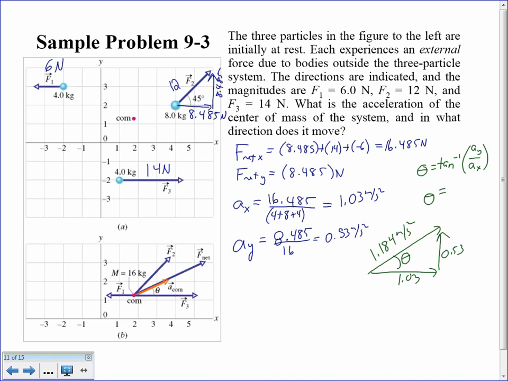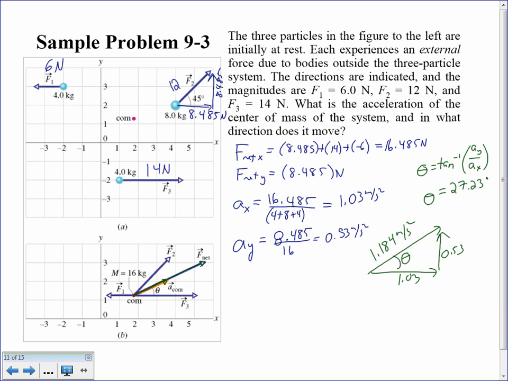So it'd be the inverse tangent of 0.53 over 1.03, which is 27.23 degrees. And if we would look at this, the net force on the system is at an angle of 27.23 degrees. And so that will be the direction of the acceleration of the center of mass of the system.